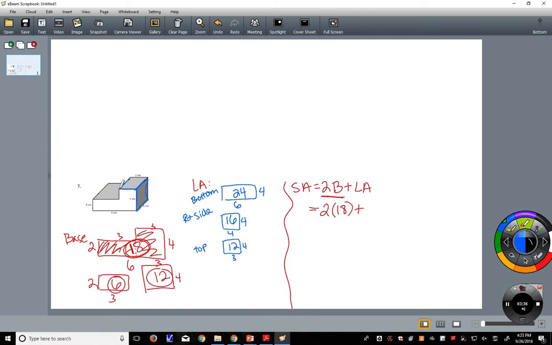Then there's a little side right in here that we don't see that would be going back along here. Okay, and so that rectangle would be 2 by 4 if we look at it there. So then we have this side piece that's on the top, so we'll call it the top side, I guess, if we want to organize it, and it's 4 by 2, so it would have an area of 8.